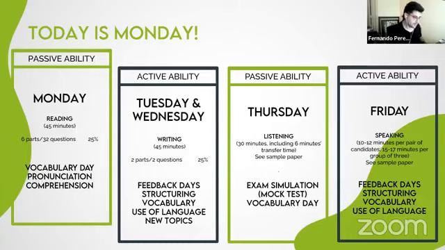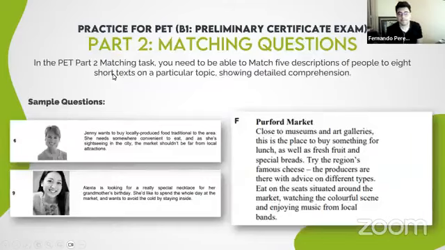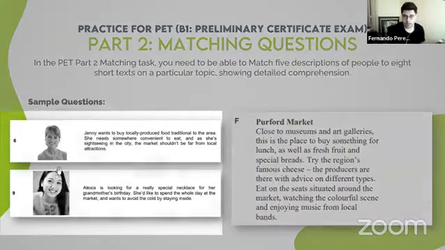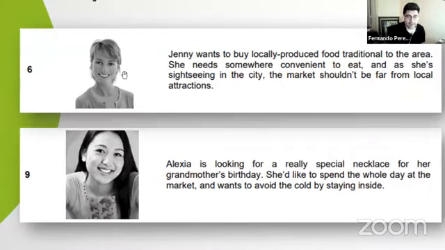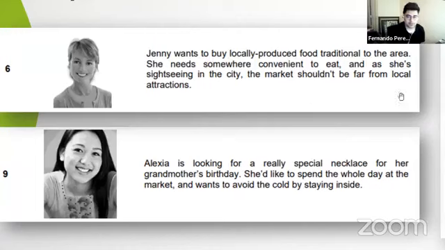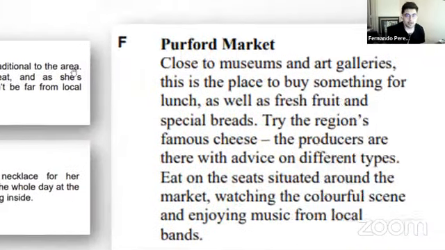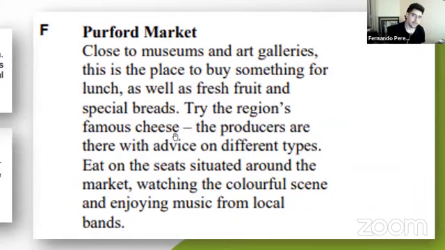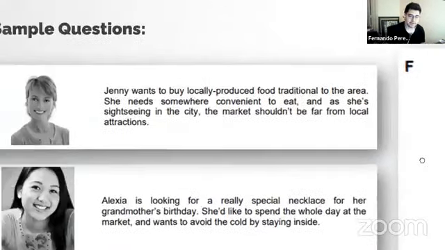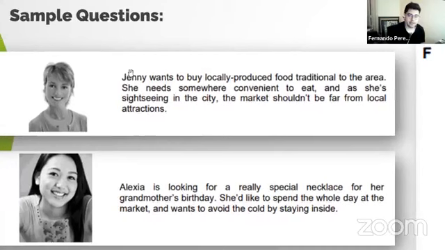In this section, you will see a couple of people, and a description of the person, right? The idea is that you match the product that you are going to read with the corresponding person. Here you have, for example, Jenny and Alexia.